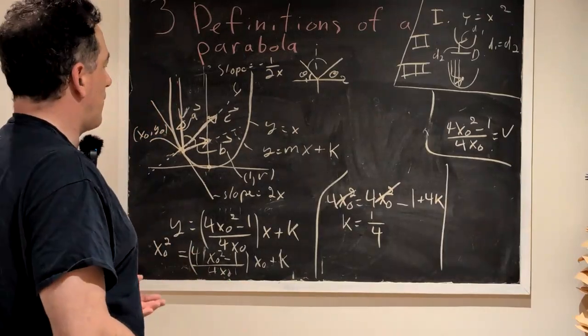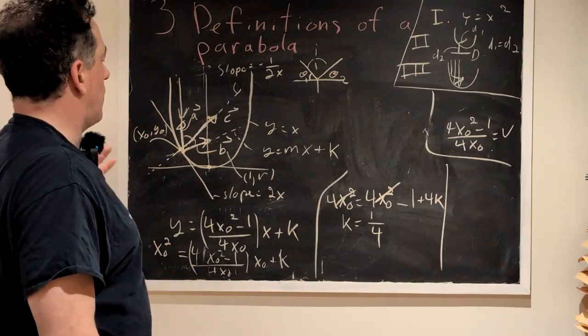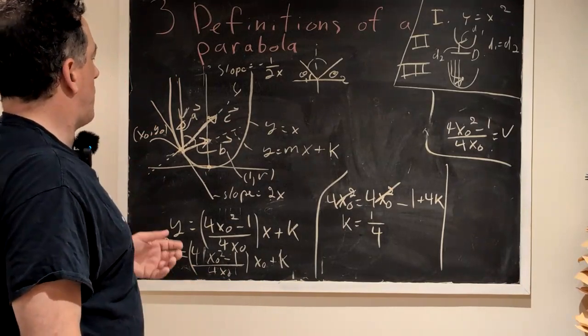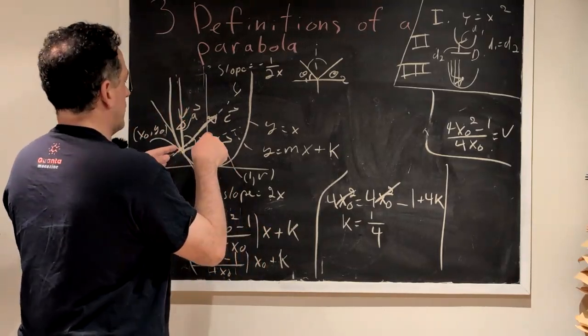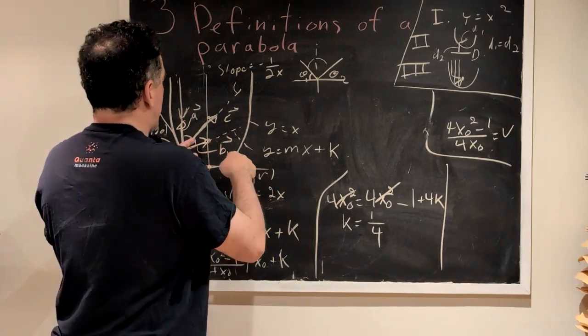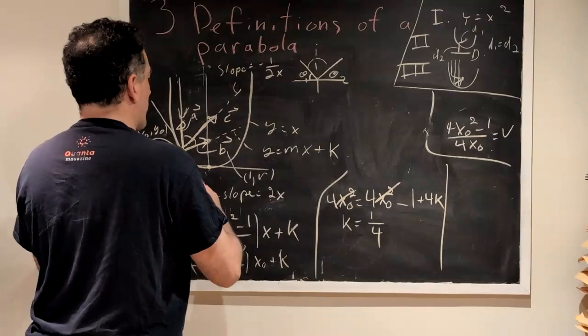And I won't do the reverse in detail, because basically what you do is you suppose that you have this setup, you have these rays that all reflect to the same point, and you take all these steps, but you do them in reverse.